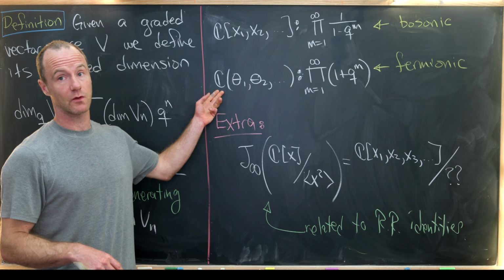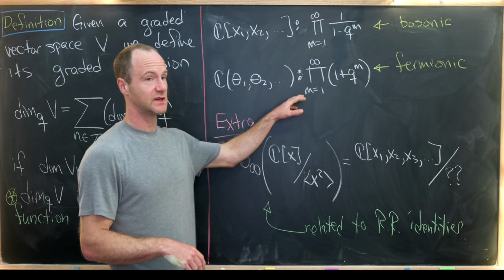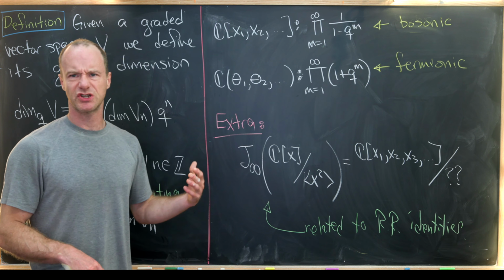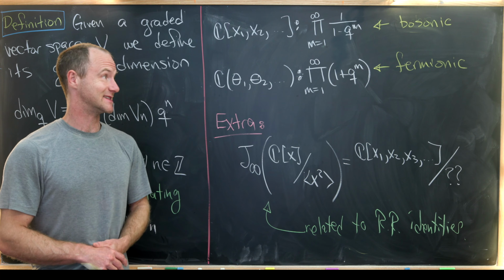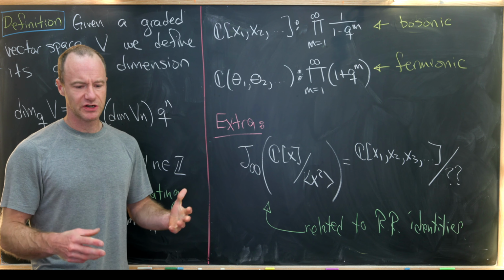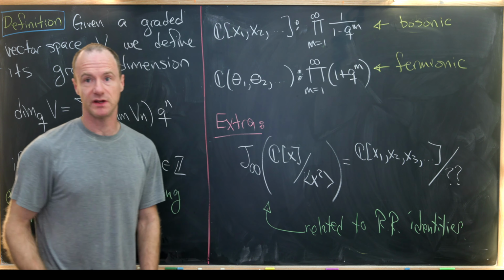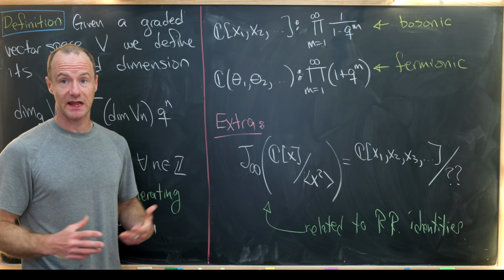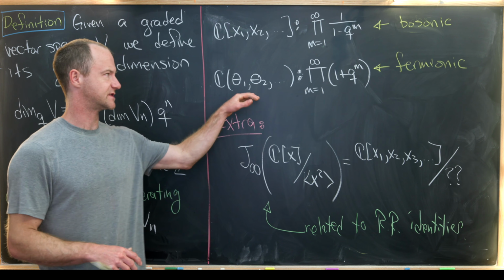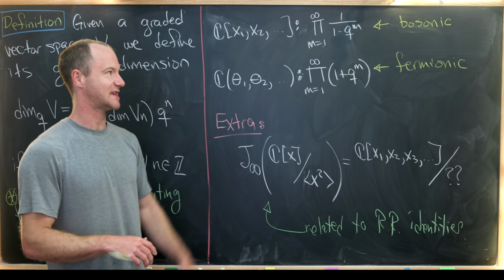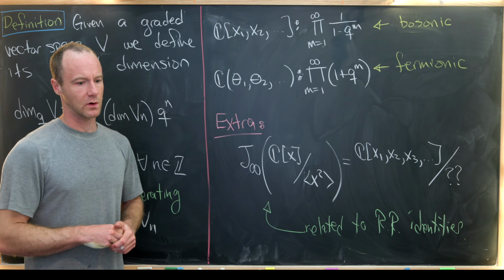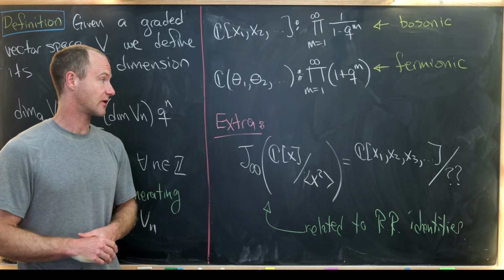And then for odd or anti-commuting variables, it was the number of partitions where we only had distinct parts. Now, in terms of mathematical physics, this first algebra is related to bosonic algebras or bosons, whereas this second algebra is related to fermionic algebras or fermions. Although a lot more stuff is happening in the background there.